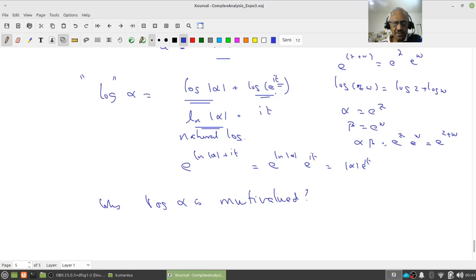Do you follow that? t is not unique. t plus 2 pi will also do that. Okay, therefore logarithm is not unique.